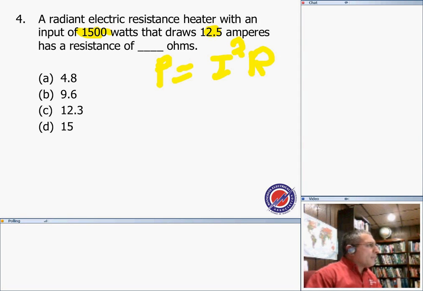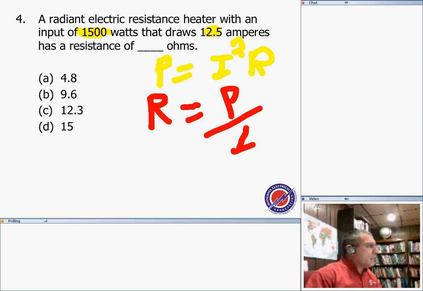If you flip the formula, that gets you R, the resistor, equal to the power divided by I squared. So you divide by the square of the current, and you do the math. For number 4, you should get the answer of 9.6.